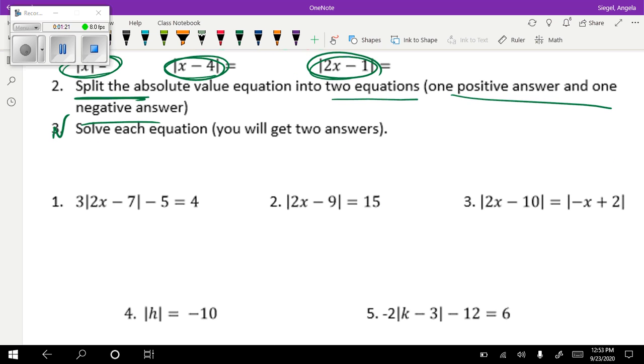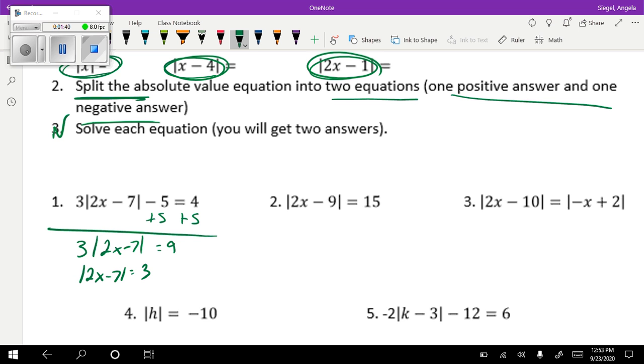Let's worry about step 1 for number 1 here. Notice the junk out here. I have a 5 and I have a 3 that I'm going to get rid of, and that's just getting the absolute value by itself. Then step 2, split the absolute value into two equations.